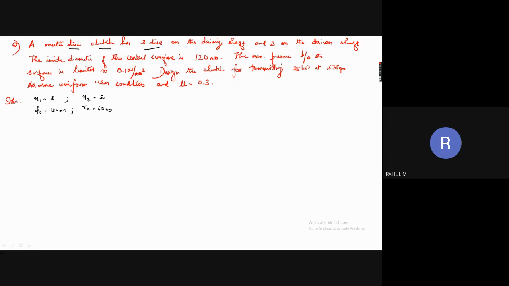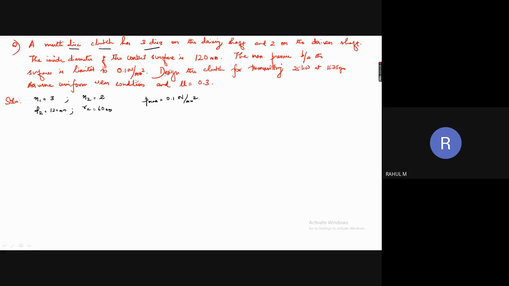Since we are dealing mostly with the radius, all our equations are based on the radius, right? The maximum pressure between the surfaces is limited to 0.1 Newton per mm square, so your maximum pressure is 0.1 Newton per mm square.